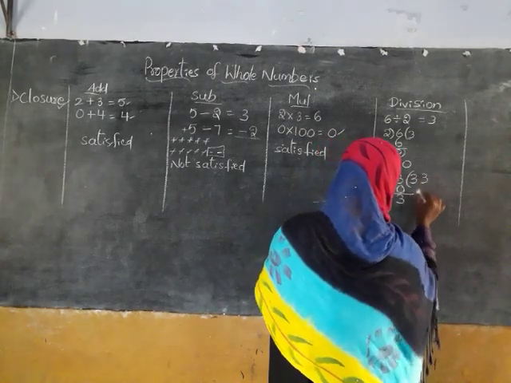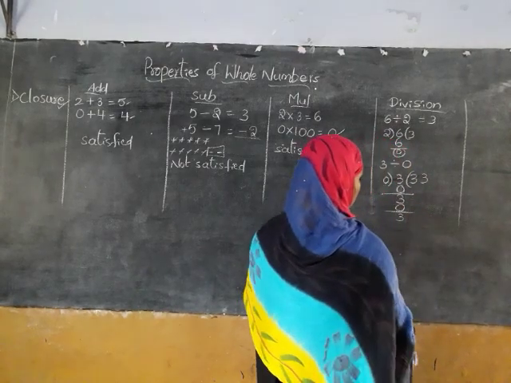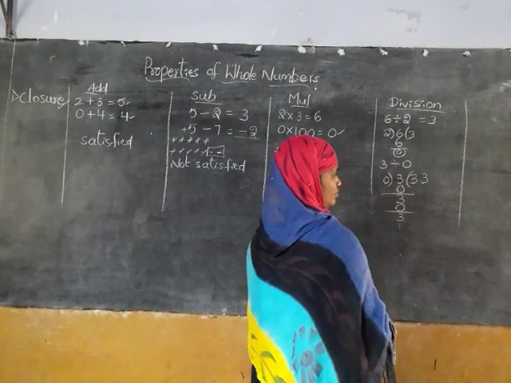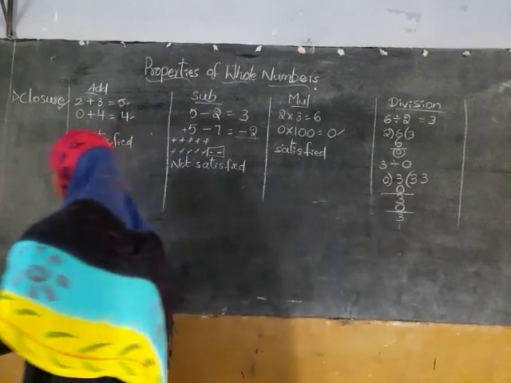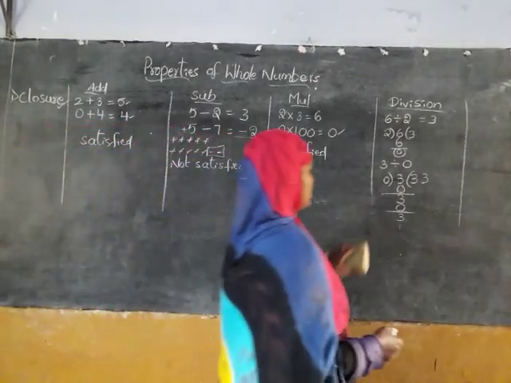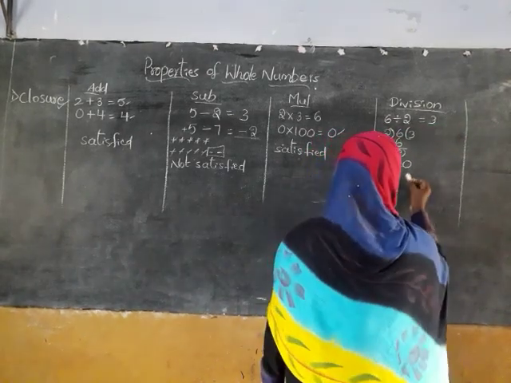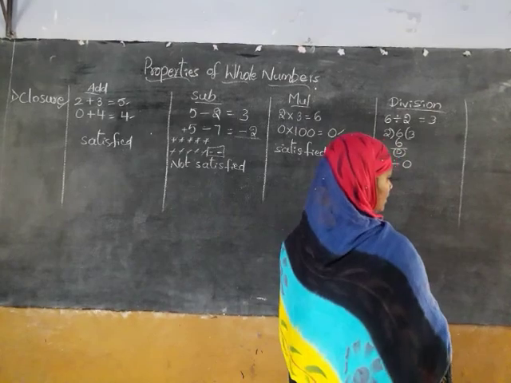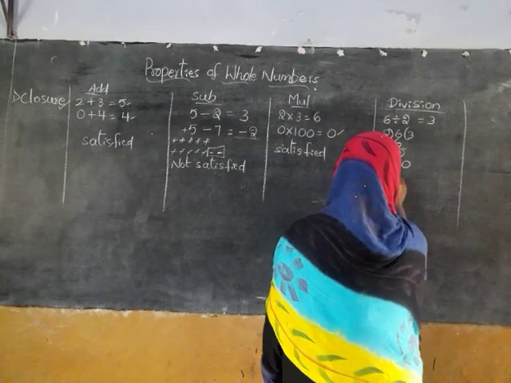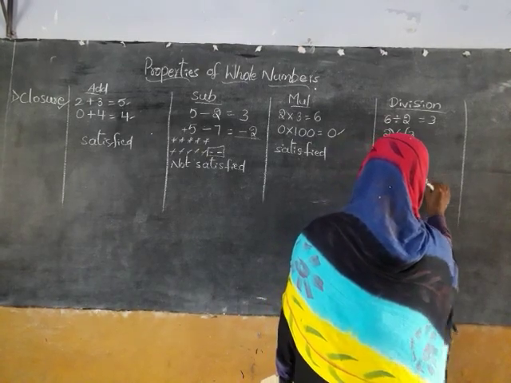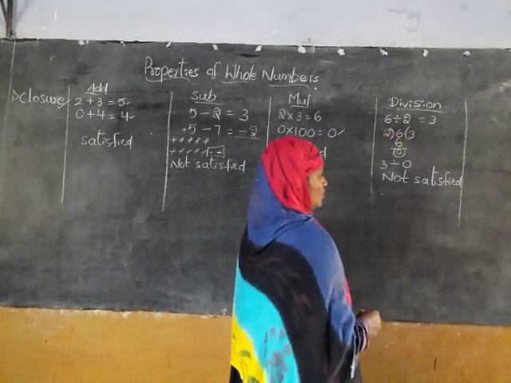Again 0 threes is 0, so 3. That means you cannot get a particular answer. Division by 0 is not defined, so it is not satisfied. We cannot get the particular answer.